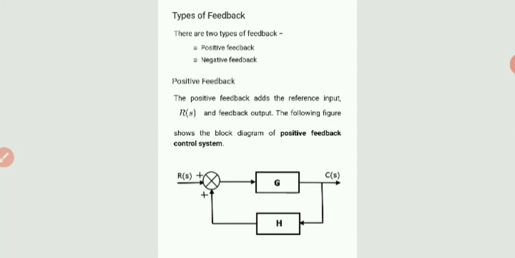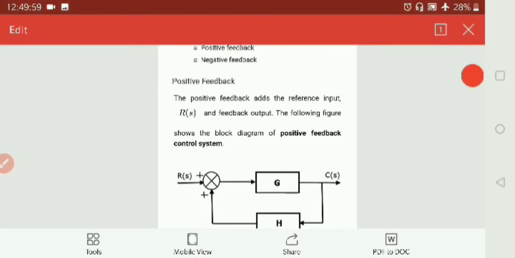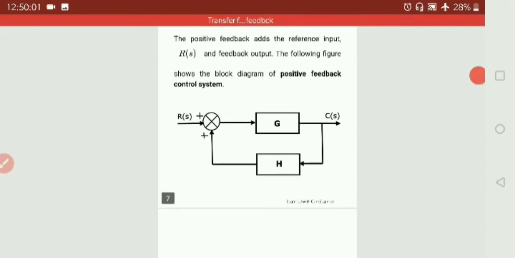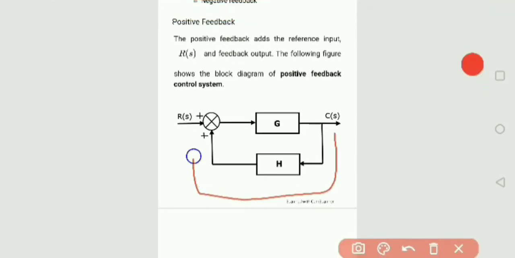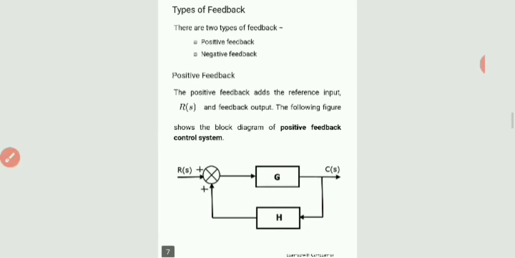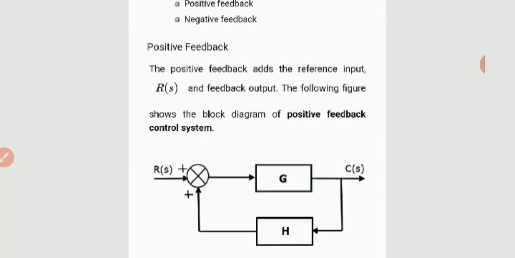As we know, in a closed loop control system, if we see any path from output to input, we can say there is feedback.